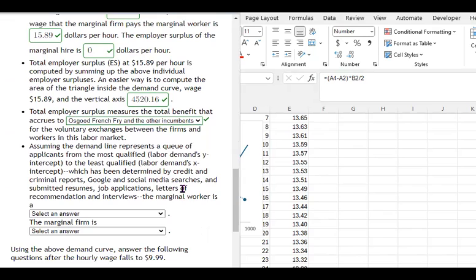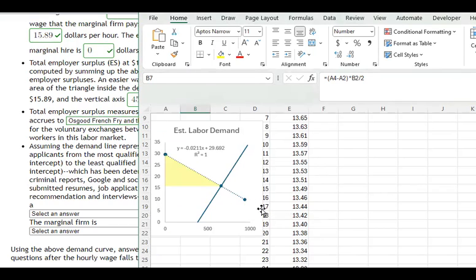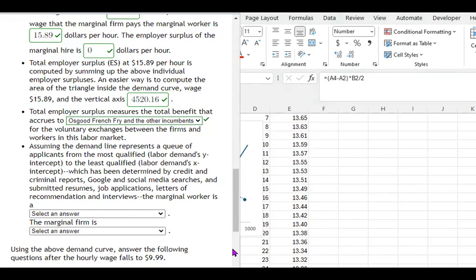All right. Now, assume the demand line represents a queue of applicants from the most qualified, which we talked about, labor demand's y-intercept, to the least qualified, labor demand's x-intercept. So if we continue this line down here, we'll get to the x-intercept. And this is determined by credit and criminal records, Google and social media searches, submitted resumes, job applications, letters of recommendation, and interviews.